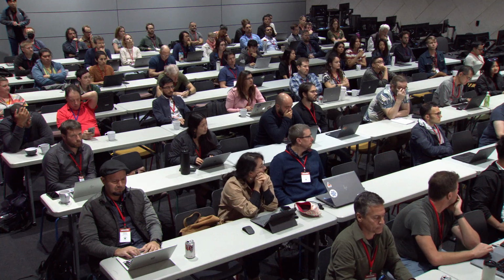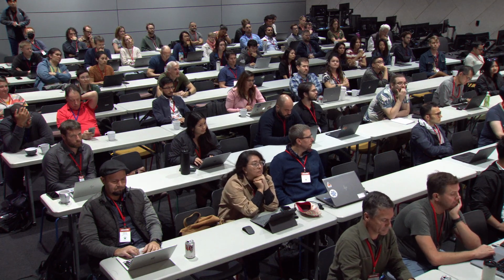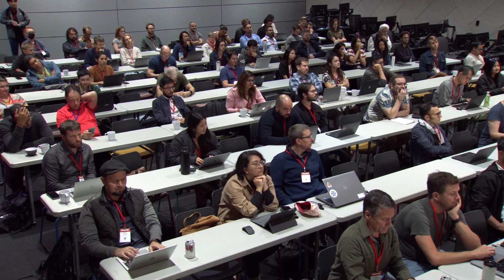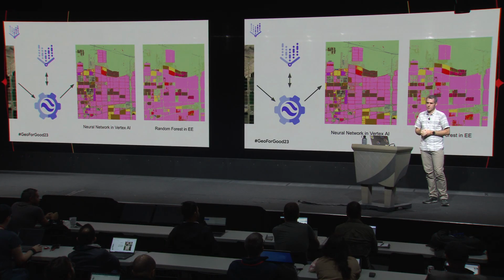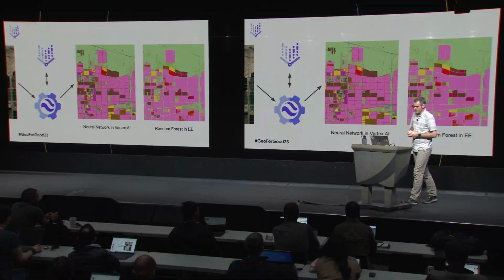And so for the situations where you can't do it in Earth Engine, Vertex AI is a fantastic solution where you can host your models and interact with them that way. Nick, raise your hand. Nick's teaching a session tomorrow all on neural networks in Vertex AI. 2 sessions, actually. So please go to that if you'd like to learn more, or grab any of us and we can talk to you.